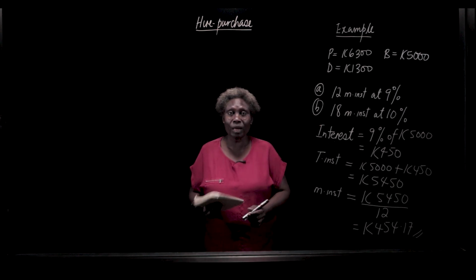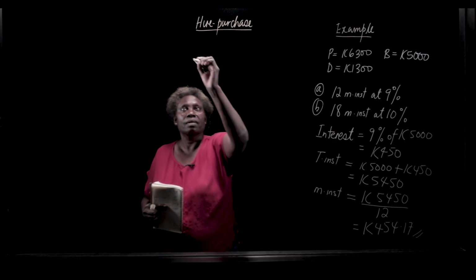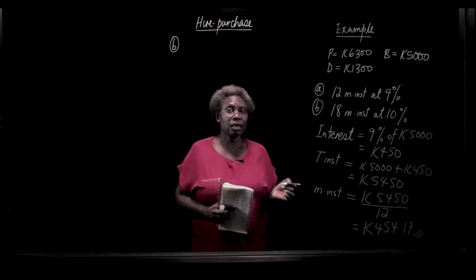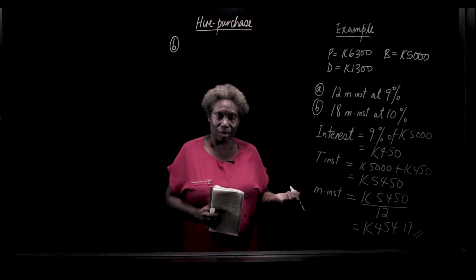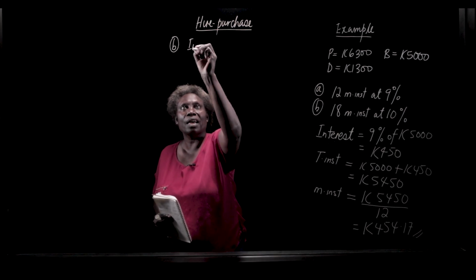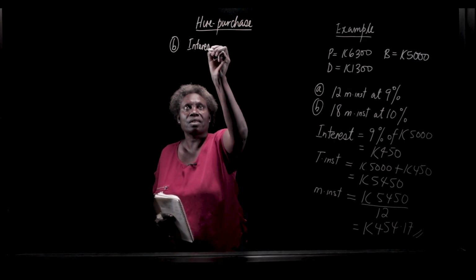Okay, let's look at option B, 18 monthly installments at 10%. The first thing that we are going to do is to calculate the interest.